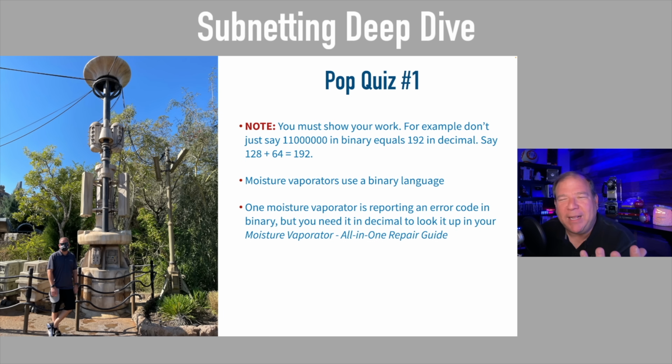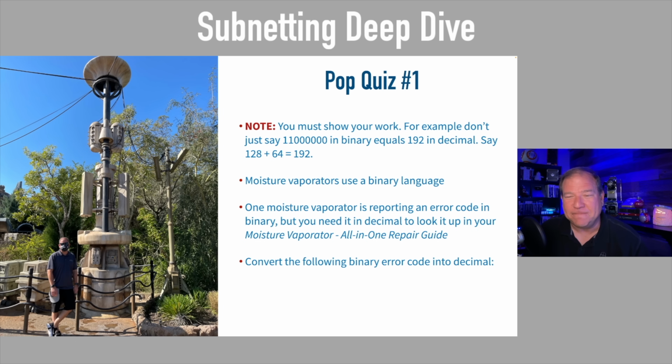So we have to translate this binary number into decimal to repair this moisture evaporator. Okay, are you ready? I want you to, again, show me your work. Don't just give me a number. Say, it's this number because these specific columns add up to this number. And the number I want you to translate to decimal is, are you ready? It is, and go.